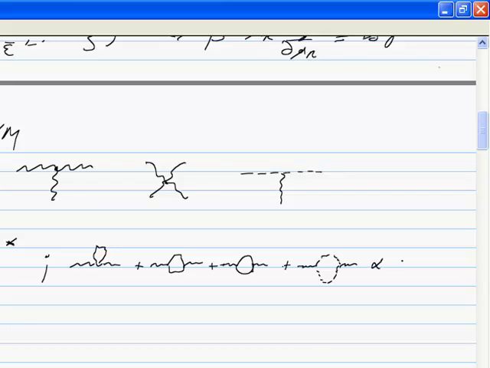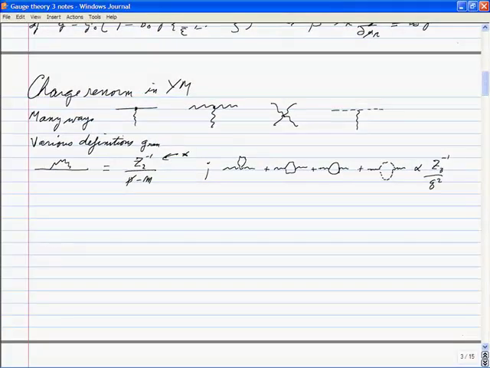That goes to Z3 to minus 1 over q squared. So wave function renormalization for the gluon is Z3.